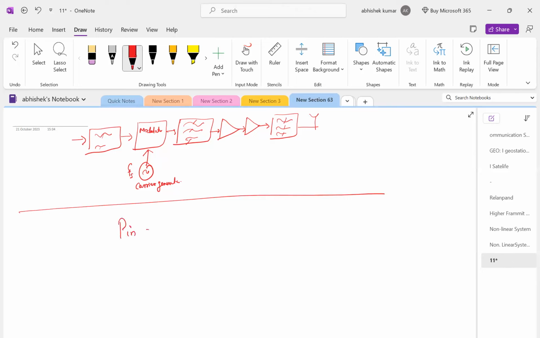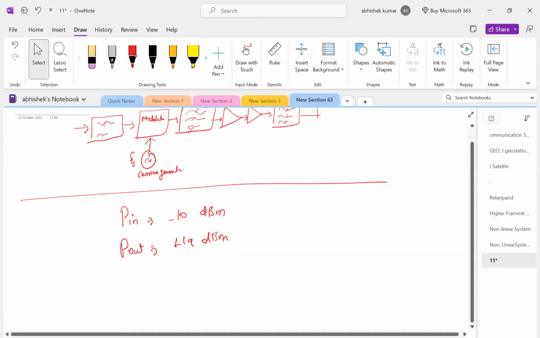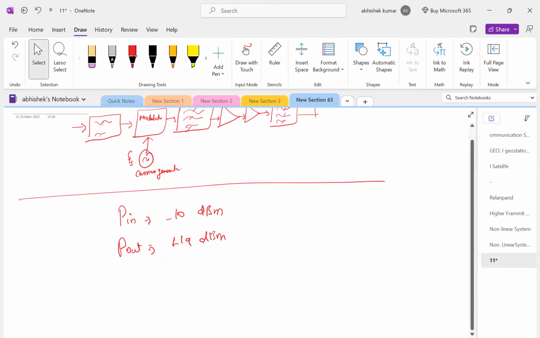When your input power is minus 10 dBm, you are getting P output around plus 19 dBm, right or wrong? Are you able to see it? Around minus 10 dBm, you are getting around plus 19 dBm, because it is a little bit down from 20, right? I can assume it is 19, right?